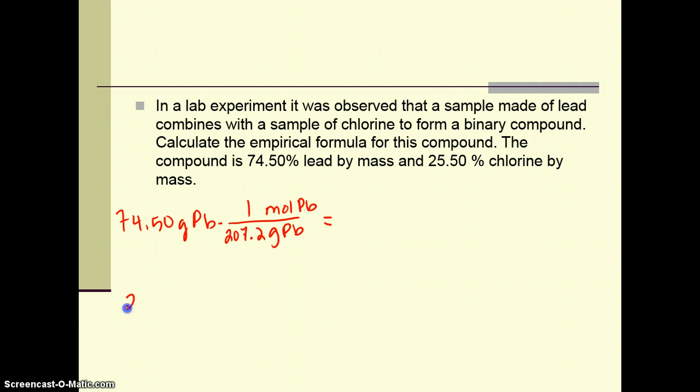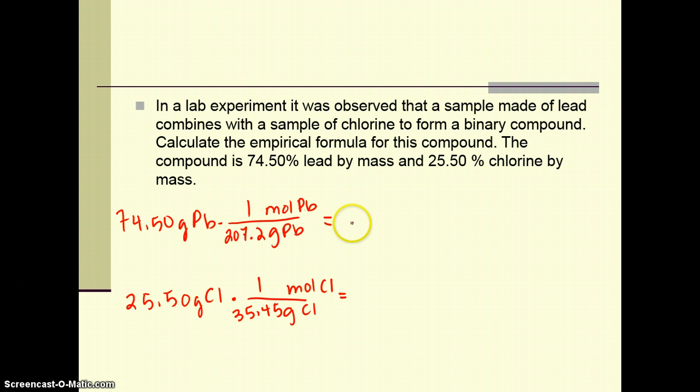And I'm going to have 25.50 grams of chlorine, because if I assume that 100 grams, that's how that's going to work out. So I'm going to have grams of chlorine on the bottom, moles of chlorine on top, 1 mole, 35.45.